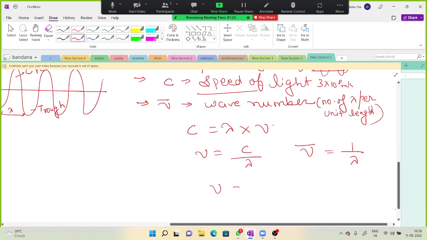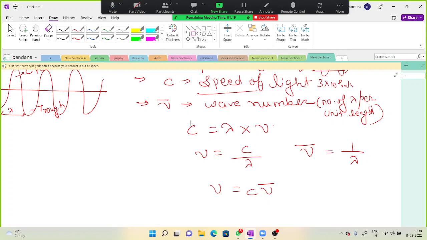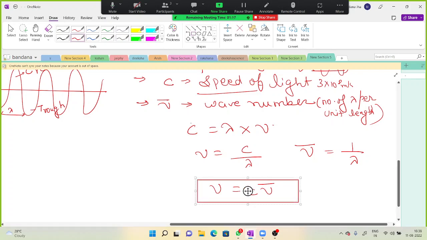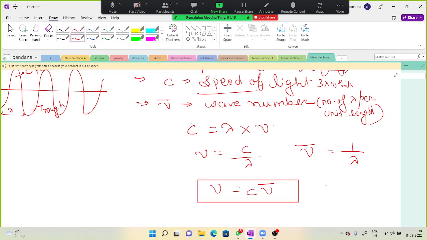So mu is equal to c into mu bar. This is the equation between frequency, speed of light and wave number. Is this a derived one? Yes, this is a derived one.